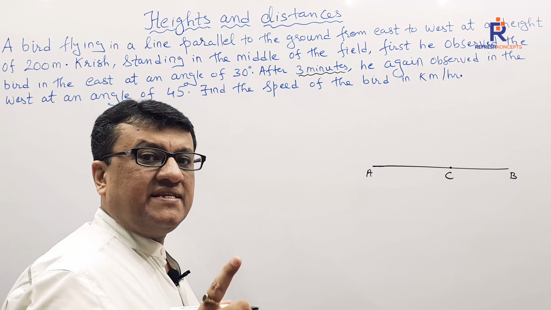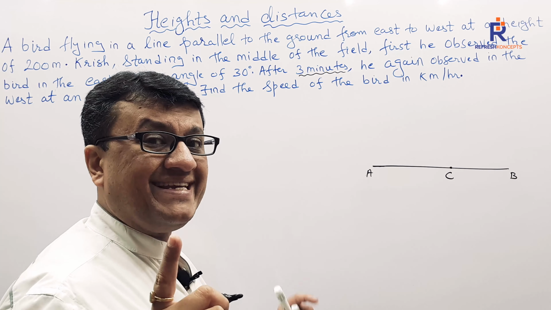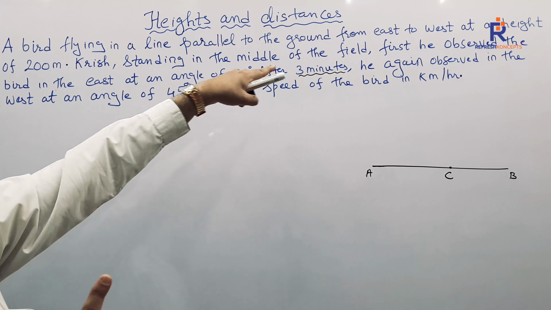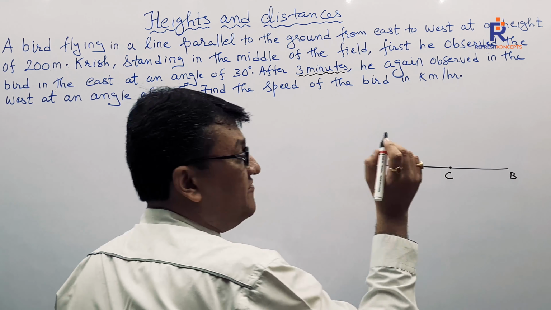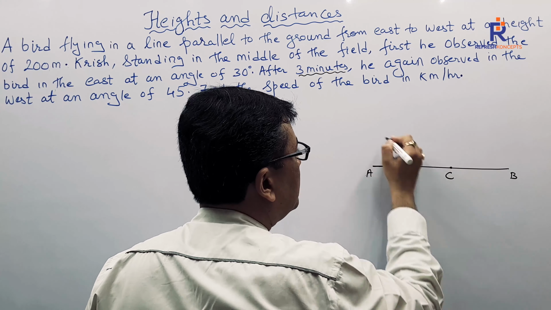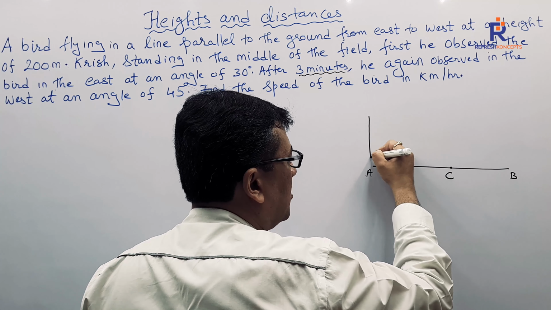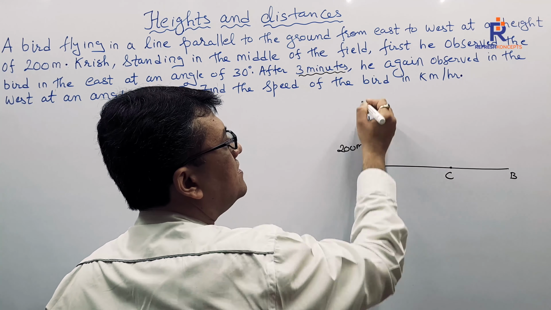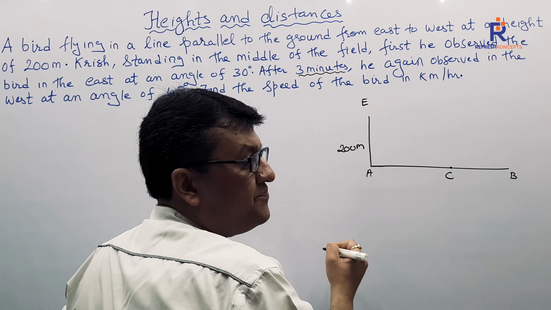Now what the question says, he observes the bird first in the east direction. And what is the angle of elevation? 30 degree. The bird is at a height of 200 meter. This is 200 meter. This is my east direction.